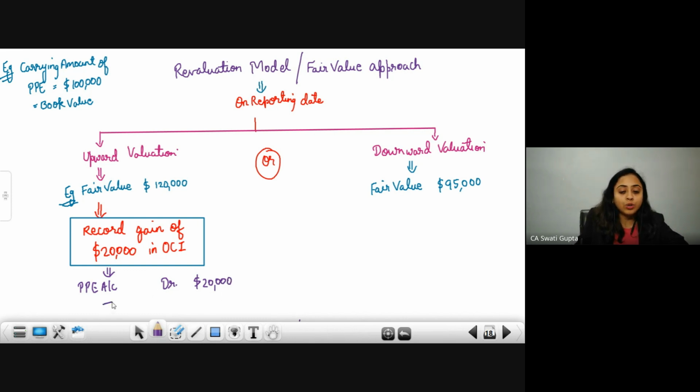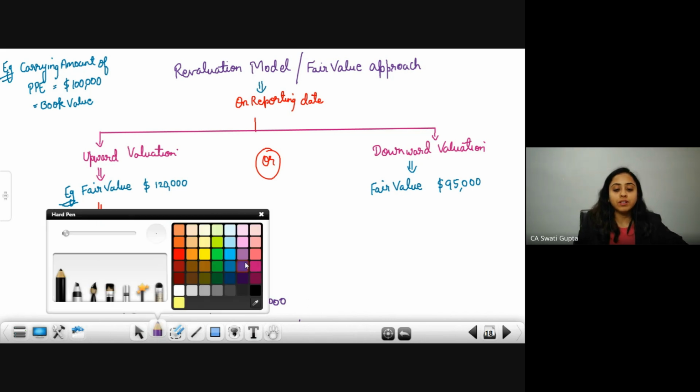To gain on revaluation, known as revaluation surplus, of $20,000.